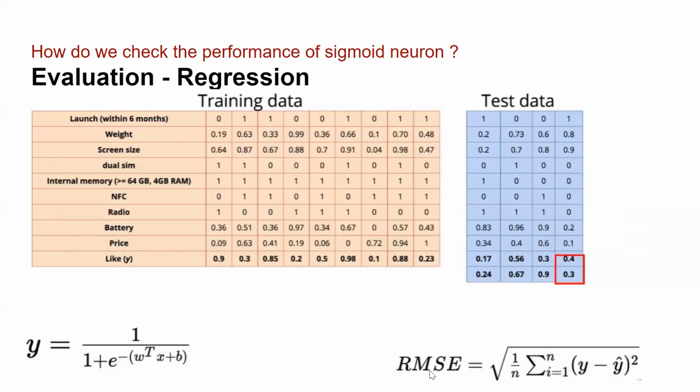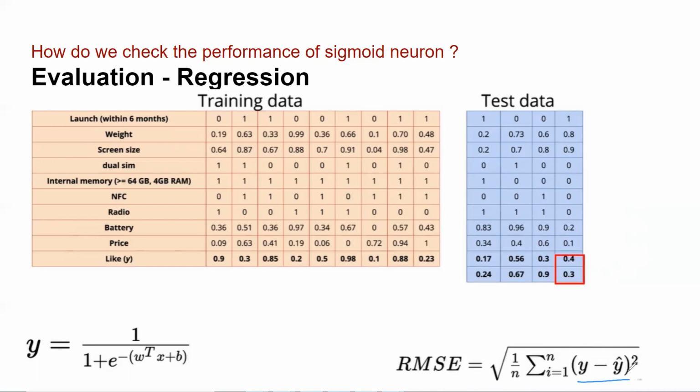Let me explain the formula part of it. We have y, we subtract y hat from it, and square the difference. This part is familiar to you, right?